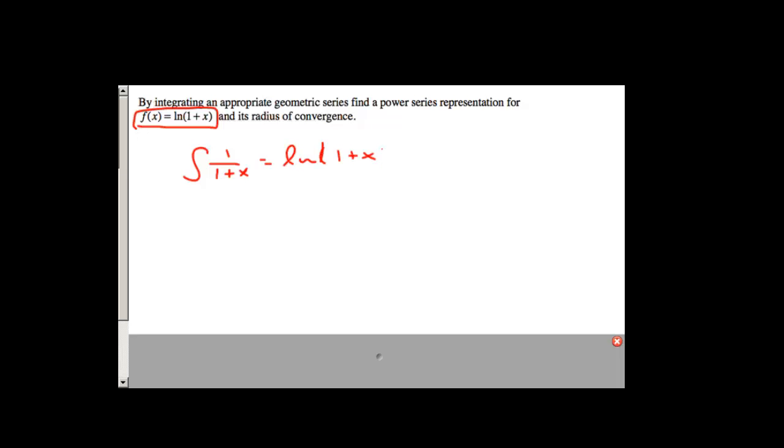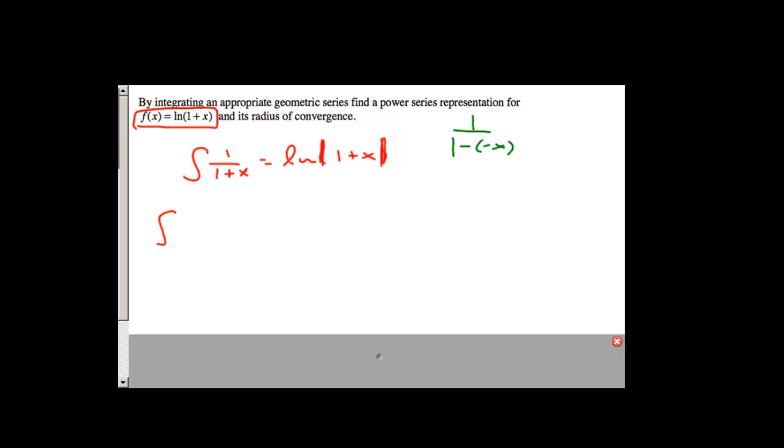So therefore, I could rewrite the integral of 1 over 1 plus x. 1 over 1 plus x we could rewrite as 1 over 1 minus x.